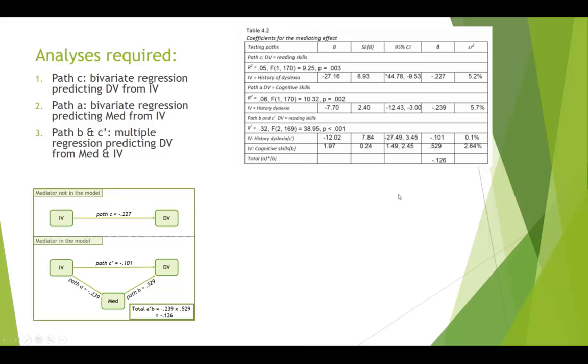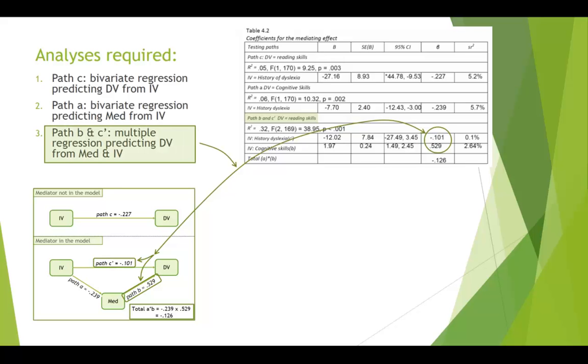And the third analysis gave us both of these two beta values, and they went onto those lines in the model. And that was one analysis that gave us both part B and C dashed, and it was that analysis there. So it's just those three analyses that get us all the numbers that we need.